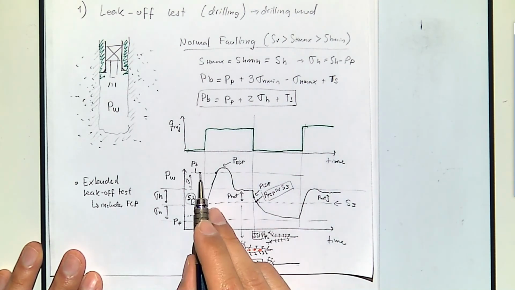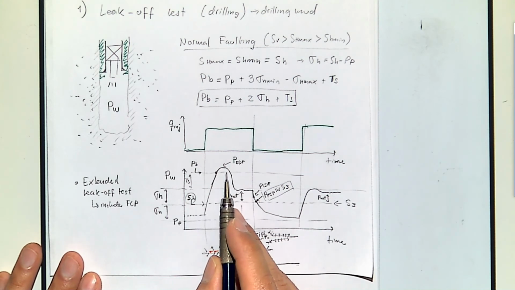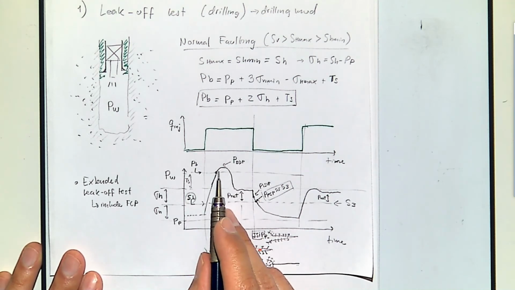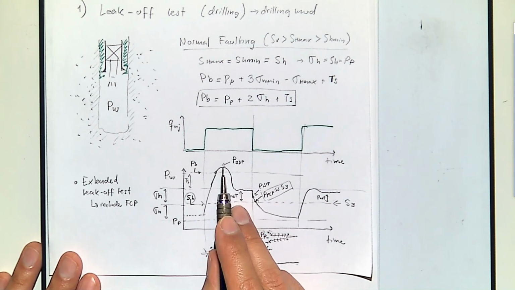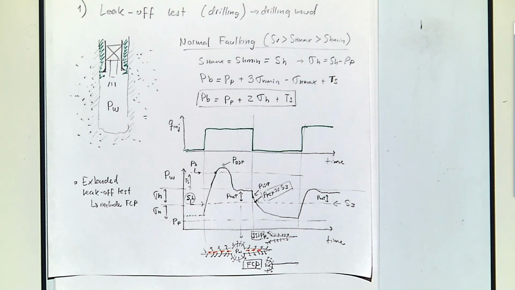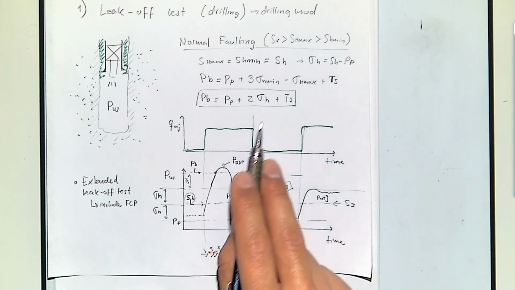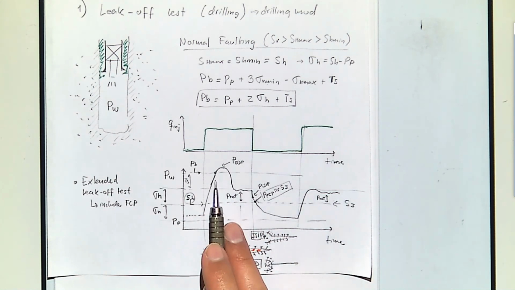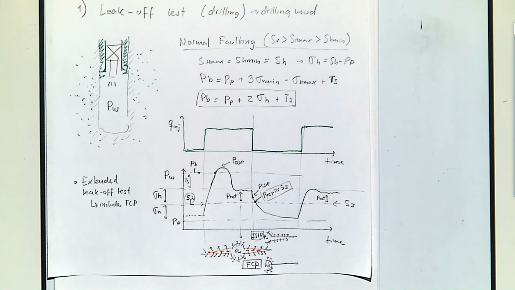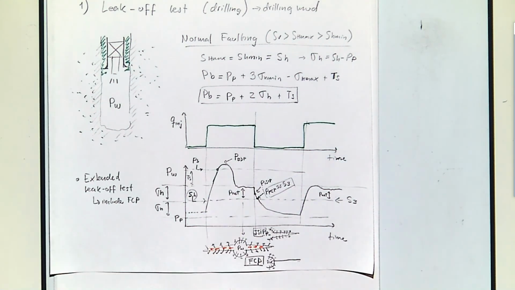Probably you notice that these two are not exactly the same, but this is the one that we calculate just with this formula. In general, the breakdown pressure will be the maximum attainable pressure in the wellbore. It might be a little bit larger than the one you calculate here, because you need to open up the fracture in order to start getting the fracture outside the near wellbore region. They might be very close, but in general, they're not going to be exactly the same.